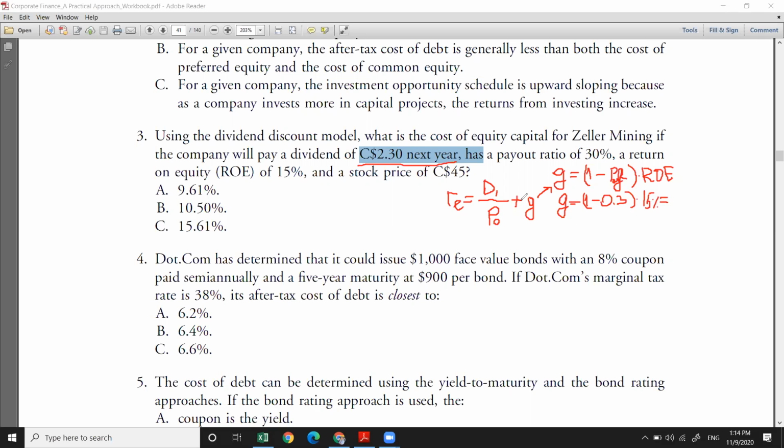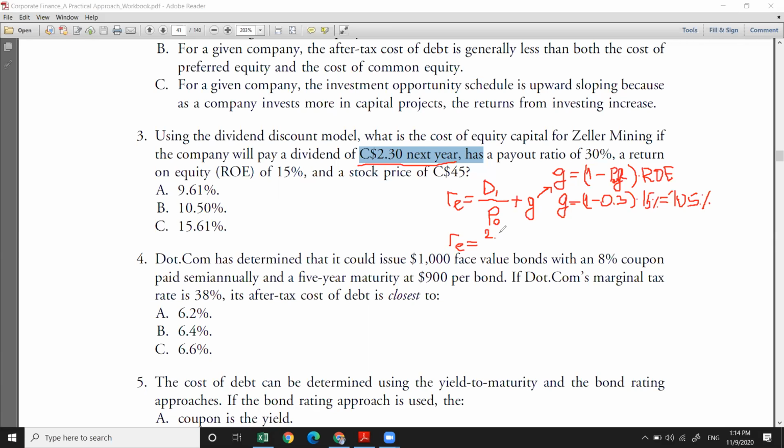And this will give you, if you calculate, 10.5%, the growth rate. Now we know D1, we know the P0. Now we can just substitute everything.